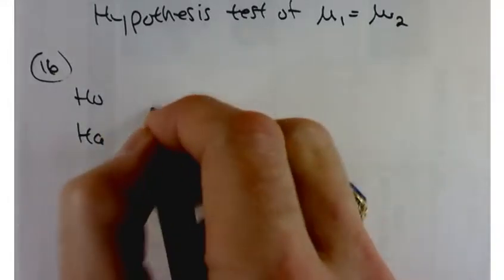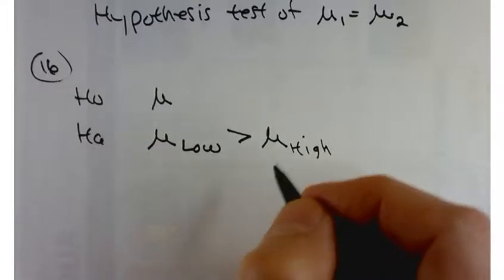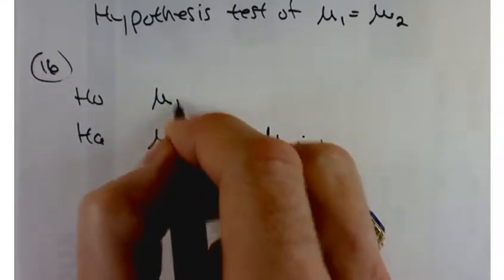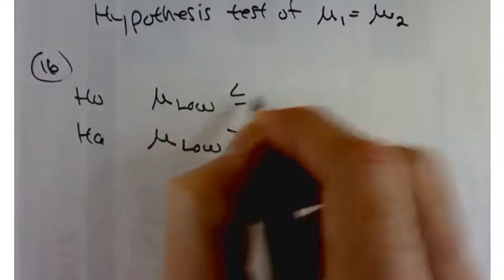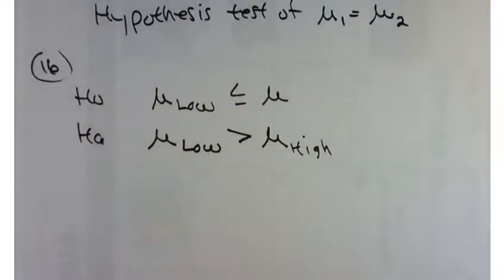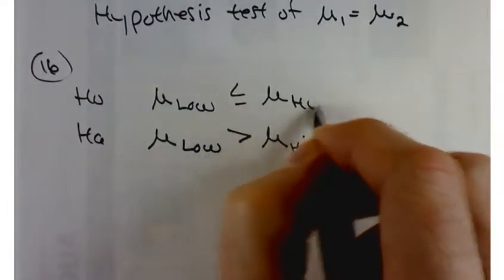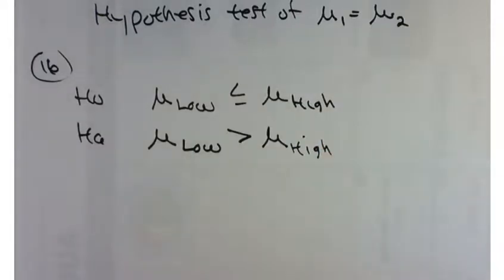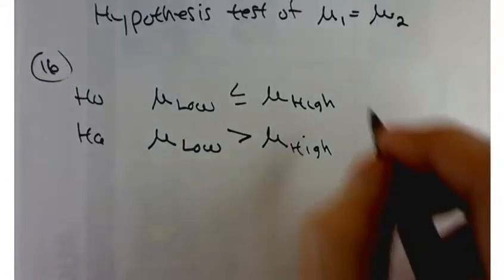Yeah, it's a tongue twister here. The null hypothesis would then be the opposite of this, less than or equal to. We're going to test this at the 5% significance level.